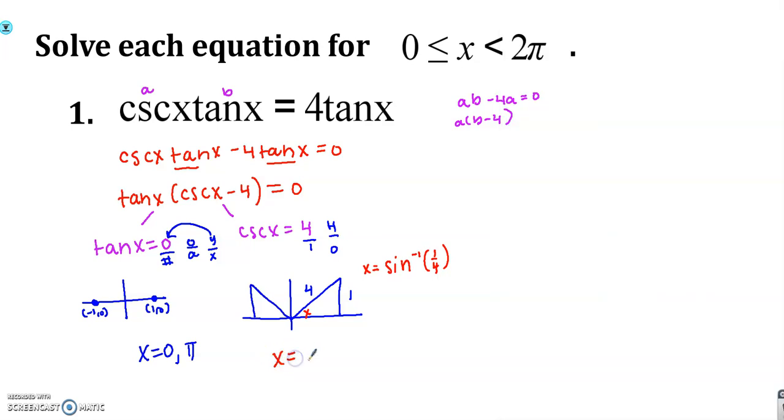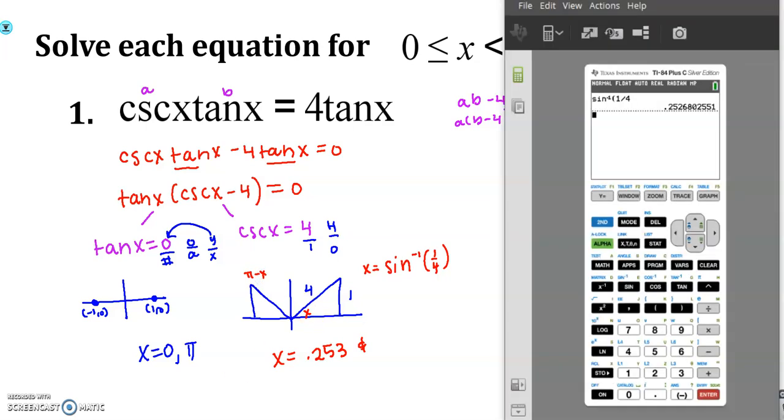Since I have an answer in the first quadrant, that is going to be one of my answers. Then in the second quadrant, I'll do pi minus my reference angle, and that's going to give me my second answer for the cosecant equation of 2.889.